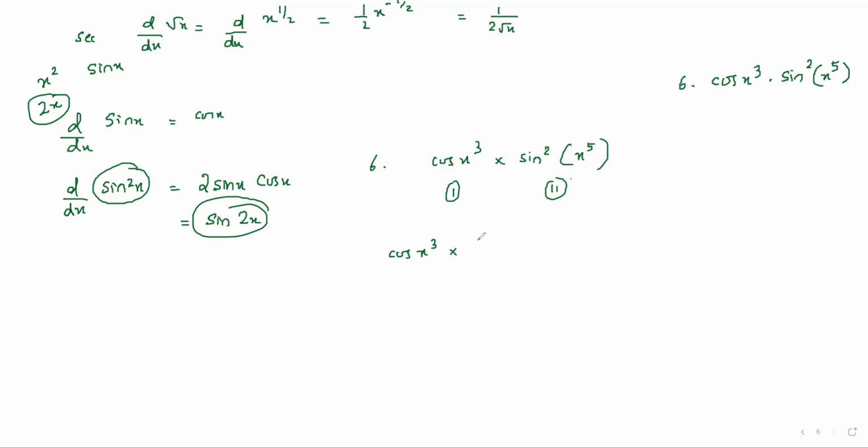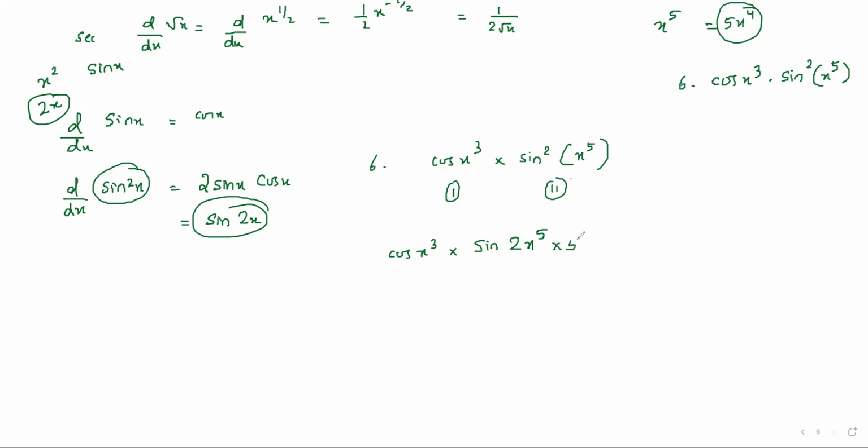Now we can use that formula here also. That is, the first function cos(x cubed) into the derivative of (sin squared x) raised to 5, which is (sin 2x) raised to 5, because instead of x here, you have x raised to 5. You have to apply the chain rule also. x raised to 5 into its derivative, 5x raised to 4.